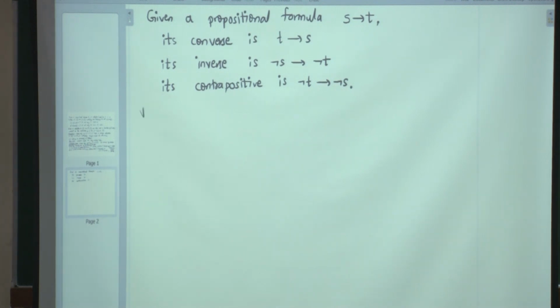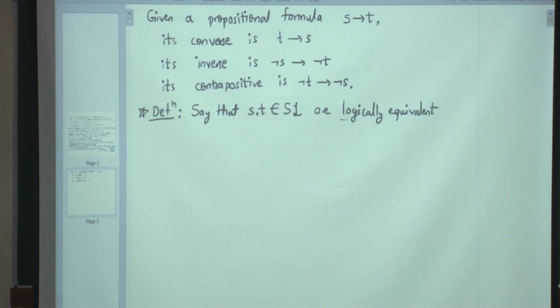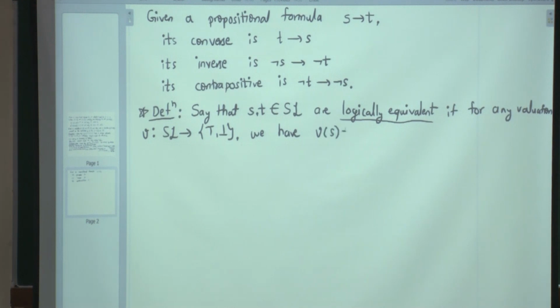So say that S and T in SL are logically equivalent if for any valuation V from SL to true false, we have V of S is equal to V of T. So this notion really captures what we want to say, that their valuations, their truth values are always going to be the same.